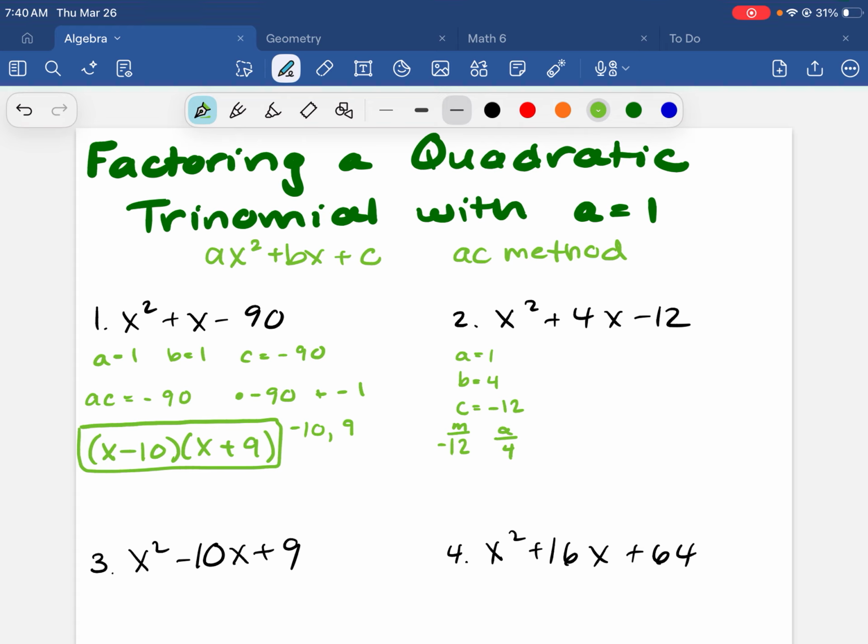But which ones of those add to 4? Well, 6 and 2. And if I make the 2 negative, we multiply to negative 12, and we can add to positive 4. So with 6 and negative 2, I'm going to put those into my factors: x plus 6 for positive 6, and x minus 2 for negative 2.